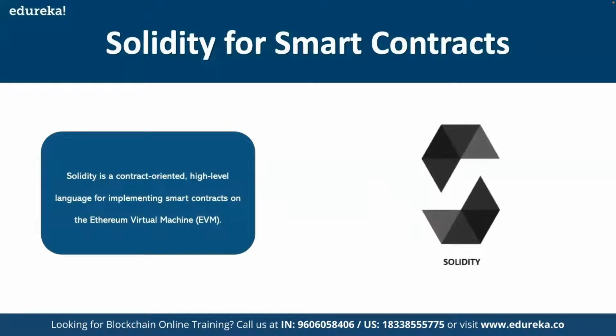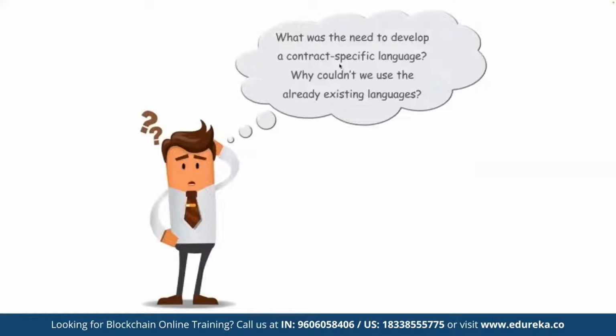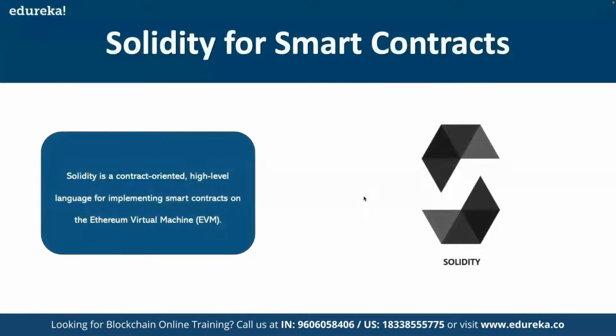Now, here the question is, what was the need to develop a smart contract specific language? Why couldn't we use the already existing languages? So that's one of the questions that you might have when we talk about smart contracts. Well, here Solidity is what we use for the smart contracts. So when we talk about Solidity, it's a contract oriented high level language for implementing the smart contracts on the Ethereum virtual machine.